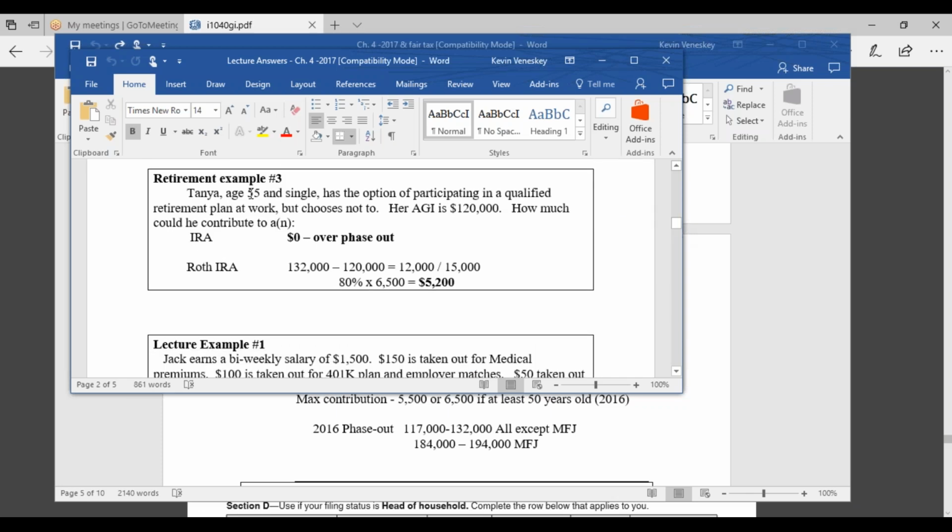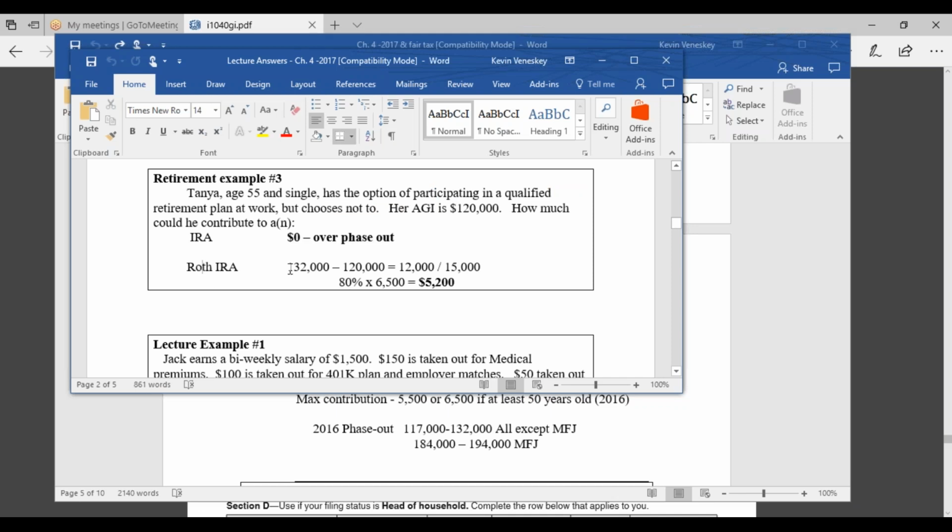Tanya, 55 and single. All right, so she hits the qualification, so she's up in that higher threshold, the 6,500. She has the option of a qualified plan, but doesn't do it, but she does have that option. AGI of 120,000. Key here is she is single. She is way over the phase out for the IRA. Remember, the phase out is 71,000. She cannot do an IRA, but she could do a Roth IRA.